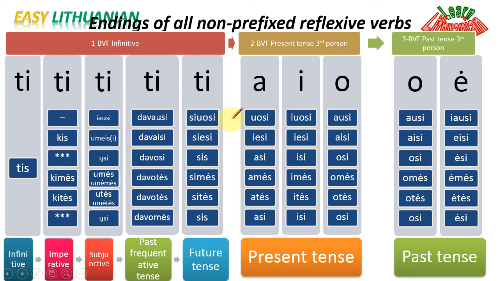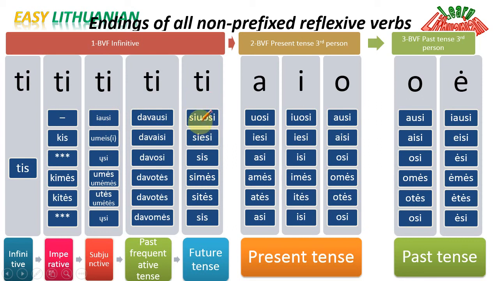But for example, if you will be washing a dog, it will be a normal verb. So aš prausiu, if the verb wasn't a reflexive one, you would only have the su, and the reflexive is prausiuosi. So su changes to siuosi, and si, prausi, changes to prausiesi.